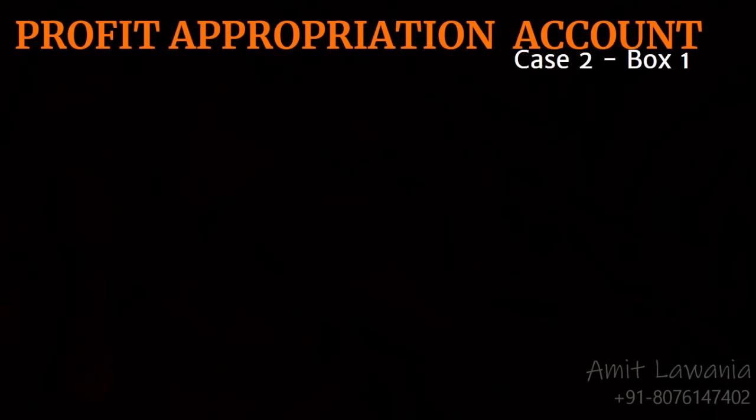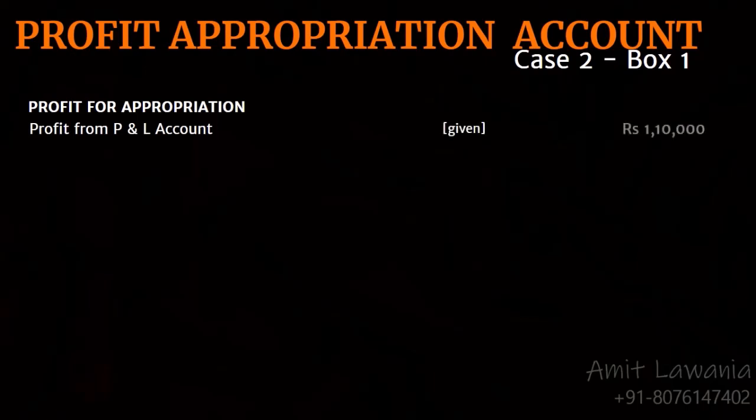You know where we start from? Box 1, the box for profit for appropriation. Start putting the numbers here. Profit from P&L account given in the question as rupees 1,10,000. Next, look for charges against profit, which is rent at rupees 10,000.